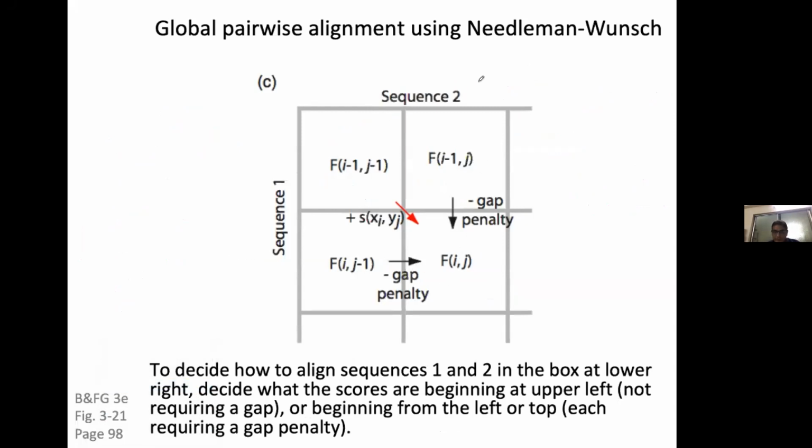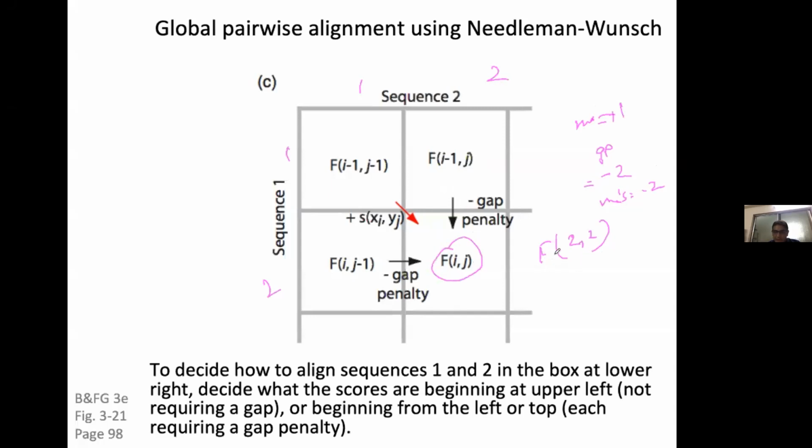Say, for example, this is my cell (2,2). So my gap penalty, if you remember, is -2, the mismatch is -2, and the match is +1. We need to take three values for this cell.